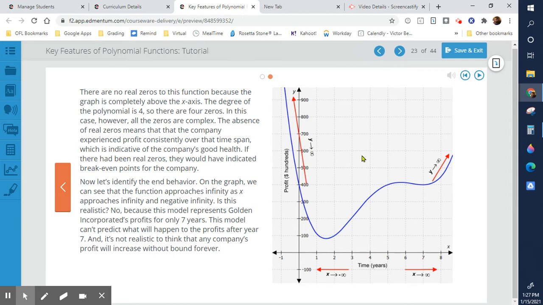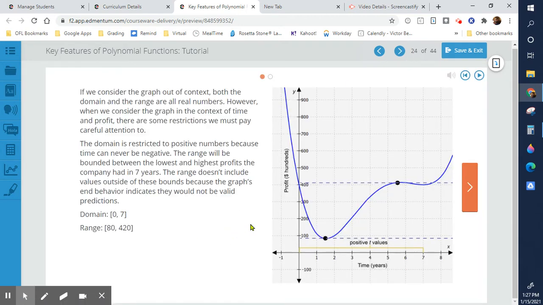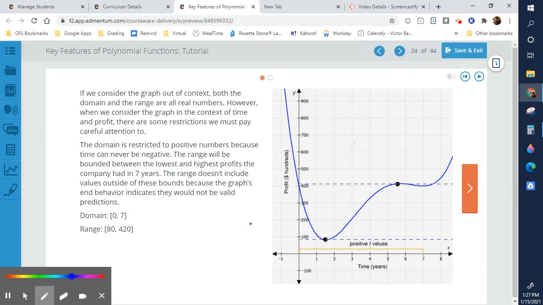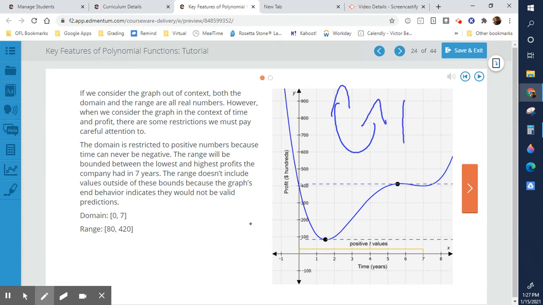So this is an even polynomial. So if I counted the curves, I should have an even number. 1, 2, 3, 4. 4 curves. So you'll find that with an even polynomial, the end behaviors are the same for the left and for the right, no matter how many curves are in the middle.